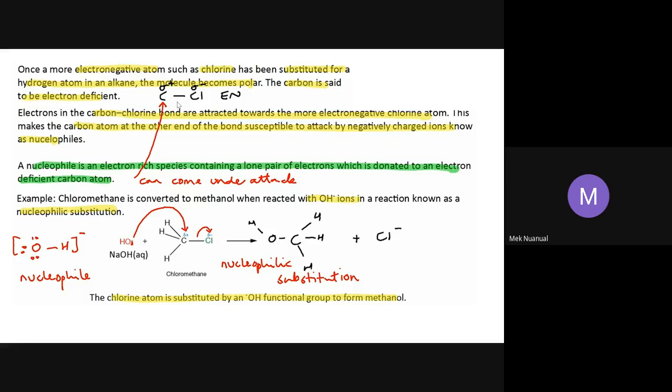So in this C-Cl bond, both electrons from that shared pair between the two of them would just go to the halogen, going to only one atom.